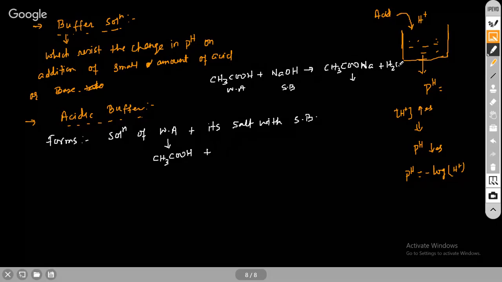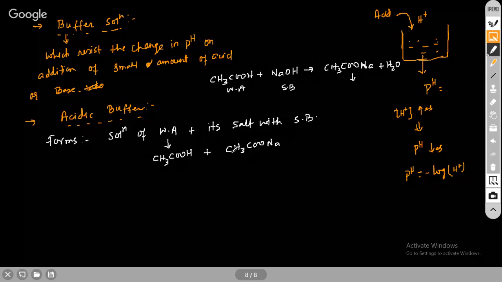So whenever you have this combination, CH3COOH plus CH3COONa, this forms an acidic buffer. Whenever you have a combination of a weak acid and its salt with a strong base, it forms an acidic buffer.